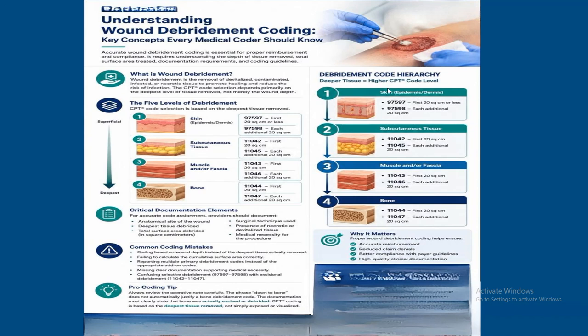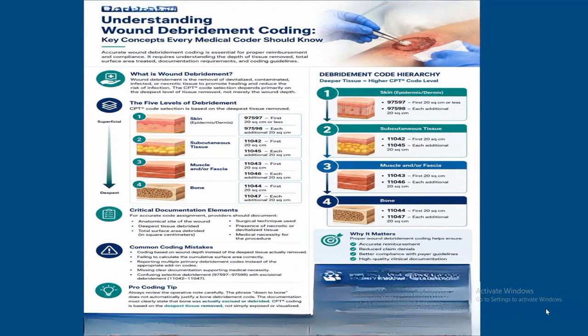Deeper tissue means a higher CPT code level. So here the hierarchy is skin level first, subcutaneous tissue second, muscle and fascia third, and bone level fourth. This is the hierarchy. So what is the pro coding tip here? Whenever you want to code debridement, we need to check the operative report carefully.